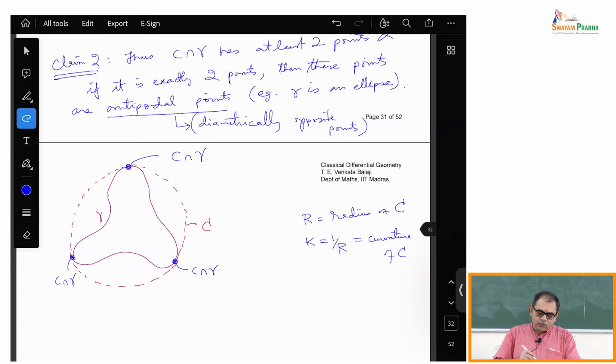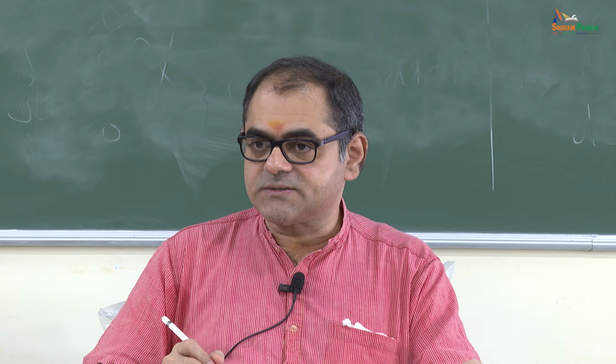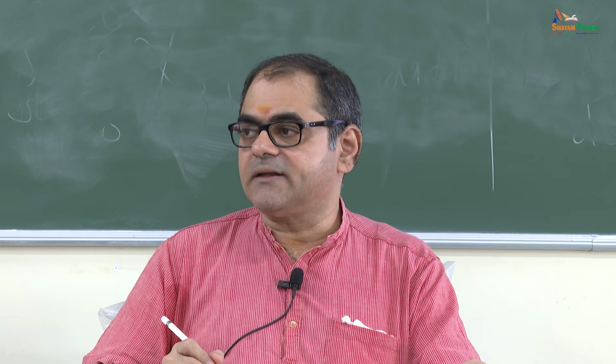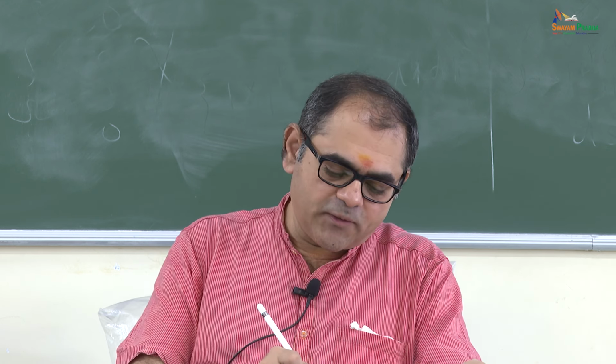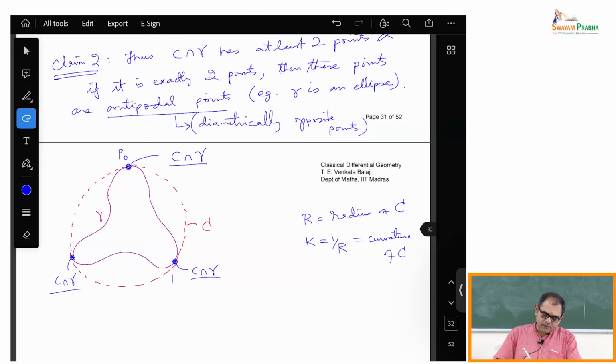Now look at these points where C hits gamma. It's clear from the picture that the curvature at each of those points is greater than or equal to this capital K. So I get these points P0, P1, P2, and in general there may be more.